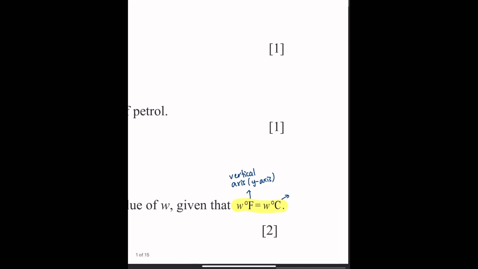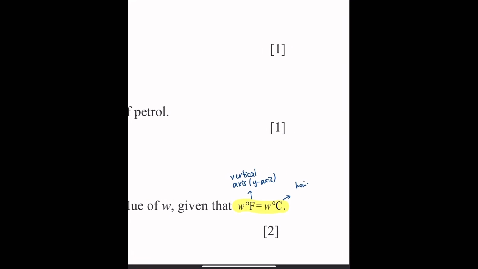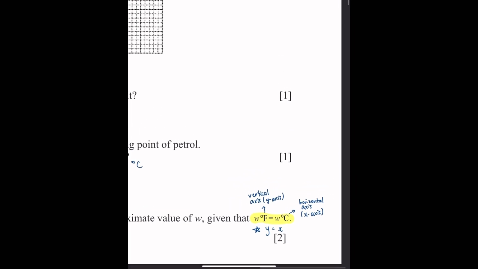W degrees Fahrenheit. Take note, Fahrenheit is represented on the vertical axis or the y-axis, while degrees Celsius is the horizontal axis or the x-axis. If I want degrees Fahrenheit equal to degrees Celsius, I have to draw the line y equals x.